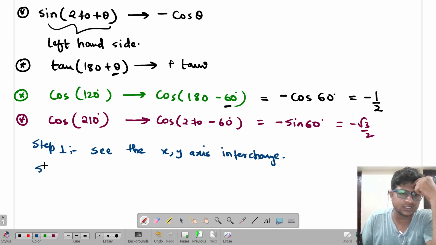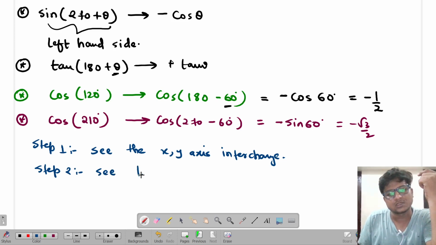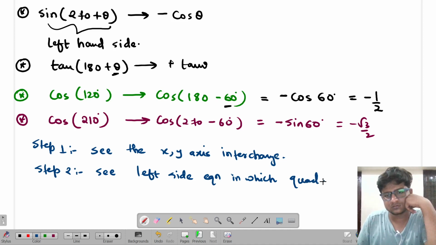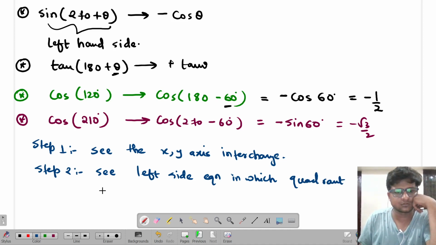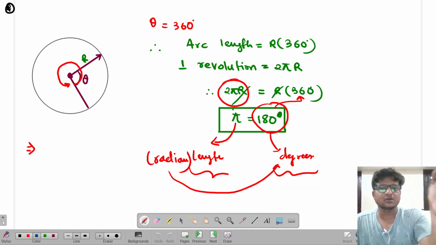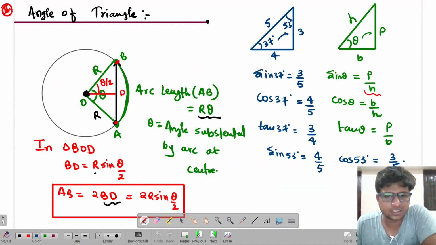And then step 2 is to see in which quadrant the left hand side equation lies. Got it? This is the idea to do trigonometry. Are you able to get me or not?